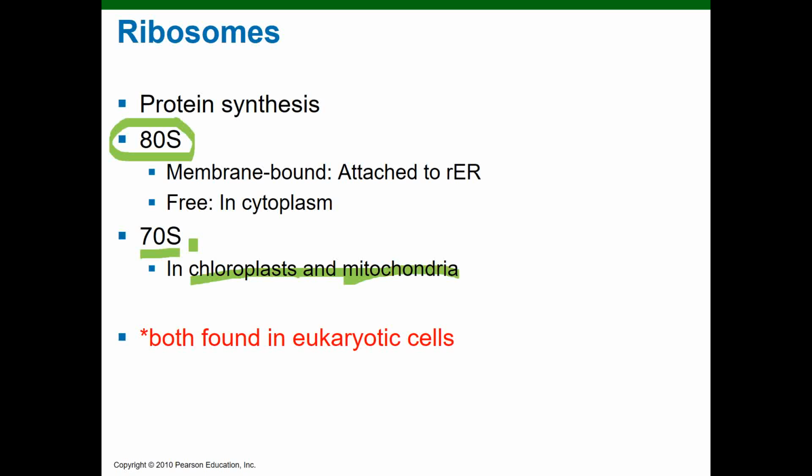One of the pieces of evidence that supports this theory is that we can find bacterial ribosomes, these 70S ribosomes, in these organelles. That suggests that at one point, these were free-living bacteria that had their own protein machinery, 70S. So there you go. Technically, both 80S and 70S can be found in an entire eukaryotic cell, but 70S are specifically found in those organelles.